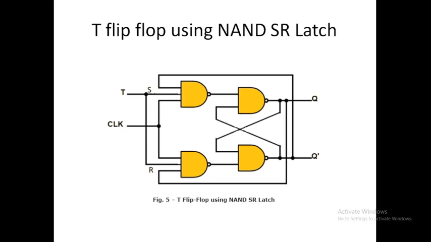The S input will be in set state, that is Q equal to 1. If output Q is 1, the above NAND is disabled and the below one is enabled, and the R input will be in reset state, that is Q equal to 0.